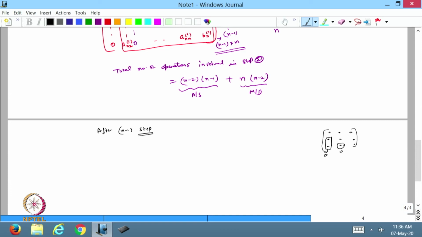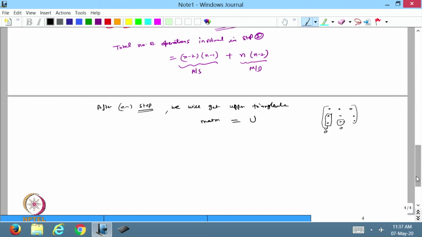So, if I have n number of rows, then after n minus 1 steps we will get the upper triangular matrix U, and then we are able to solve this one.